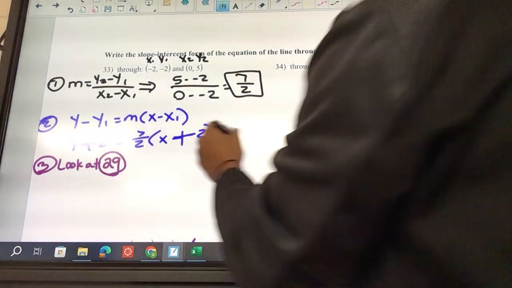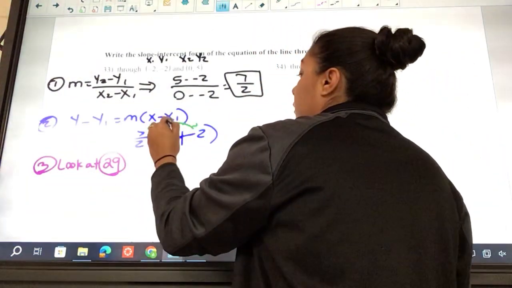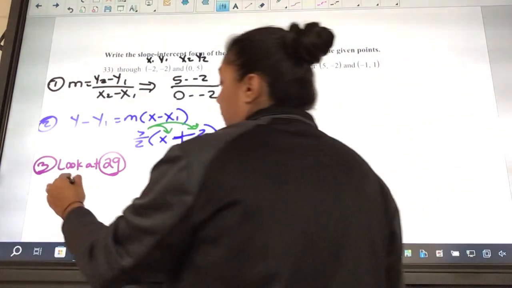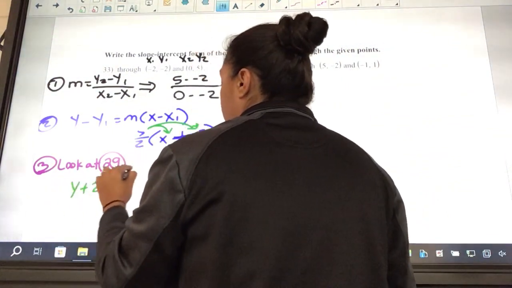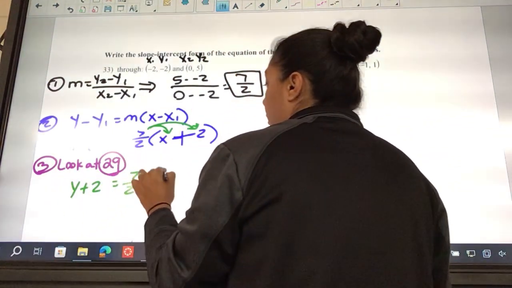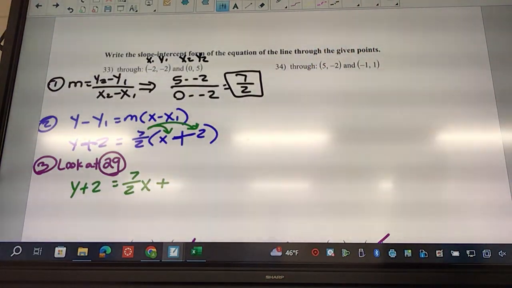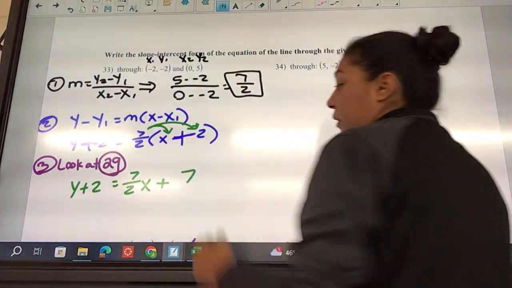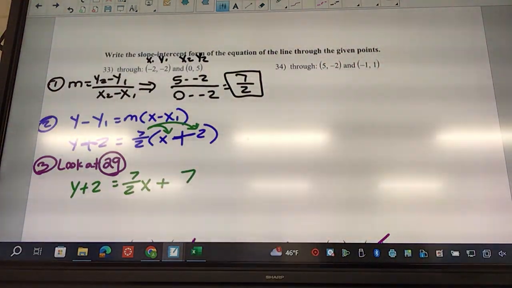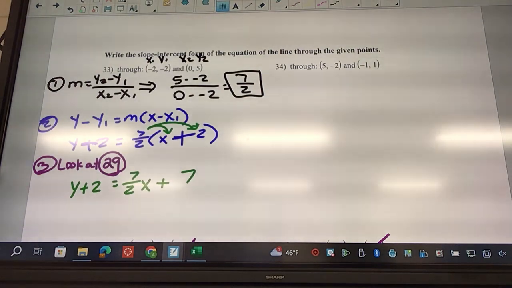Which is like this. So you're going to get y plus 2 equals 7 over 2x plus 7 over 2 times 2, which is going to be 14 over 2. So 7 is what you should get for an answer, after you type in that fraction.